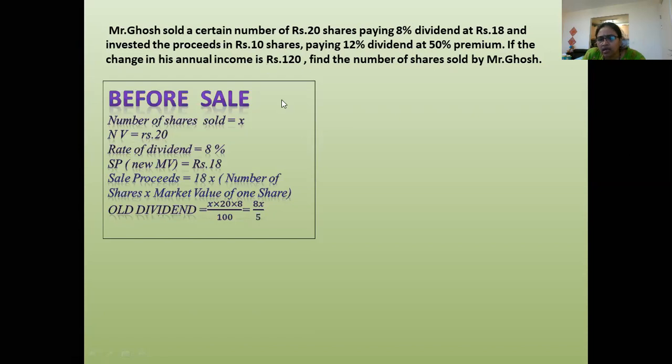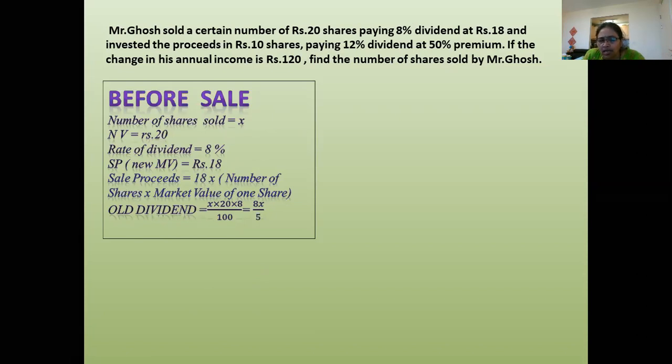It is 120. So what is the dividend before selling? Dividend means what he gets from the company, right? That is the old dividend. With respect to x, the formula for finding the dividend is number of shares multiplied by nominal value into the rate of dividend.